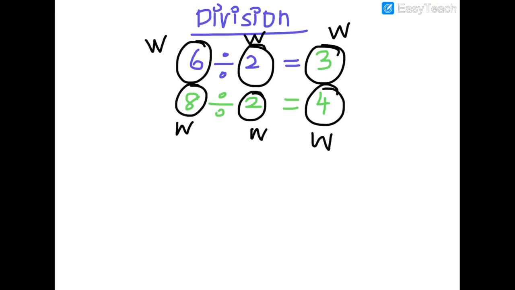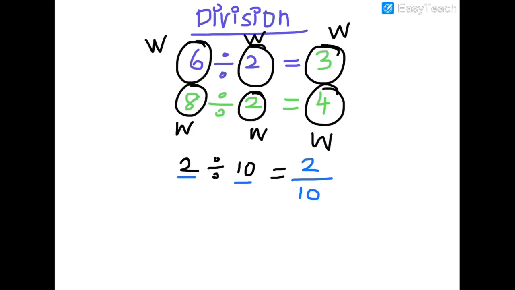Okay sir, I have one doubt. What is the value of 2 divided by 10? 2 divided by 10 means this number we write on the top and this number we write at the bottom.